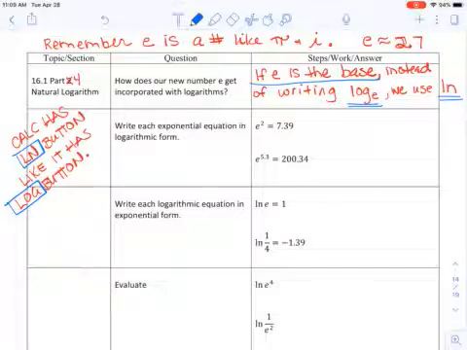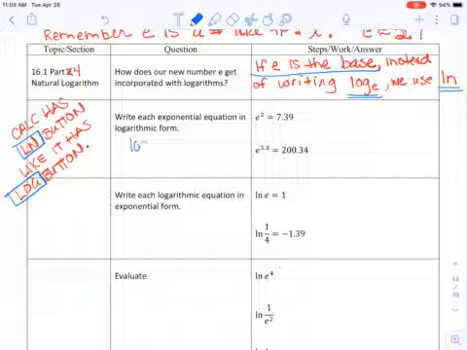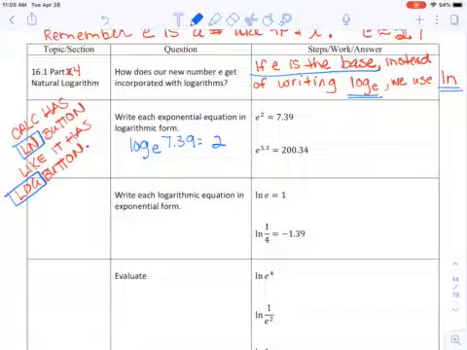Write each exponential equation in logarithmic form. So again, we would go, log base e of 7.39 equals 2, because the answer to a log problem is the exponent. That's the 2, but we're not going to write it like that.